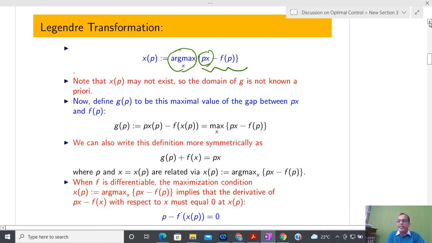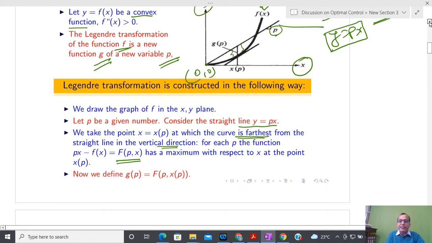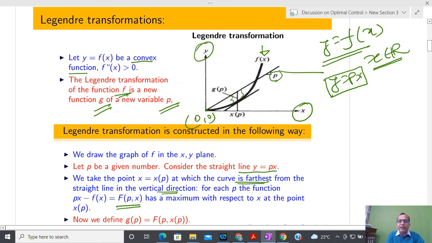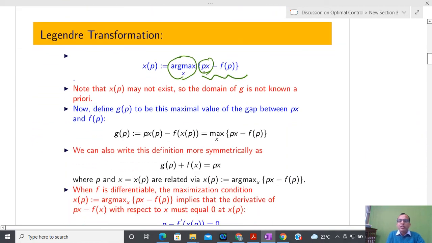We have defined it as g(p) because our ultimate aim is to convert this function f to some function g, and the variable x to the variable p. So we have understood mathematically what the correlation is between this variable p and the existing variable x. So I have defined g(p) like this.